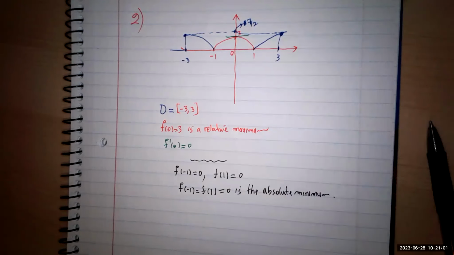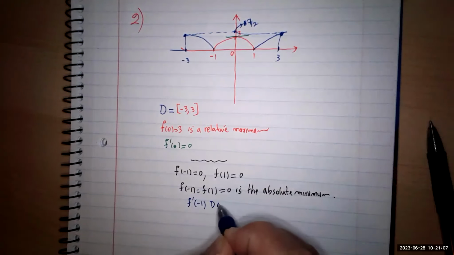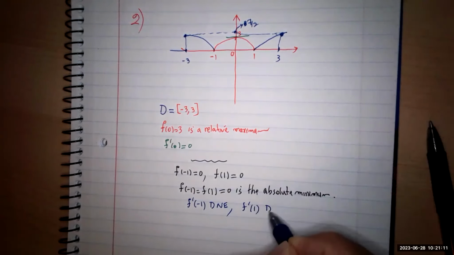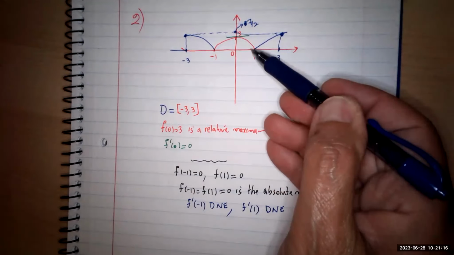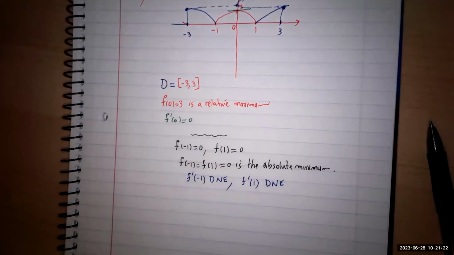So f prime of -1 does not exist, and f prime of 1 does not exist because there is a sharp corner. At a sharp corner, we are going to have a vertical tangent line, not horizontal. Any question?